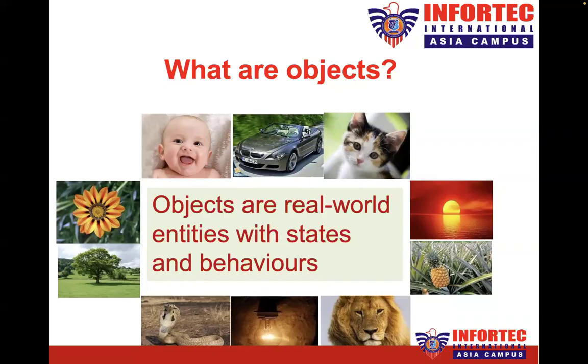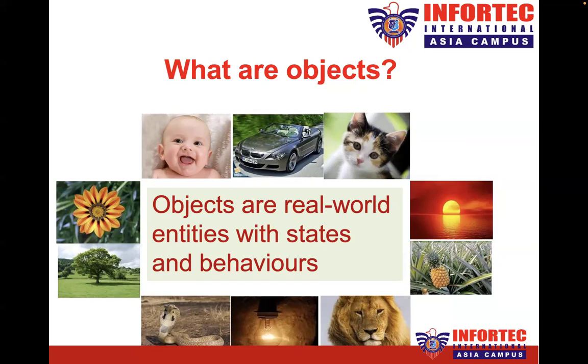When you do computer programming, you take all these things into the program. Let's say you are going to develop a small software for babies. Then you have to take babies as objects in the program. If you are doing a small program for cars, you have to take those vehicles as the main objects.